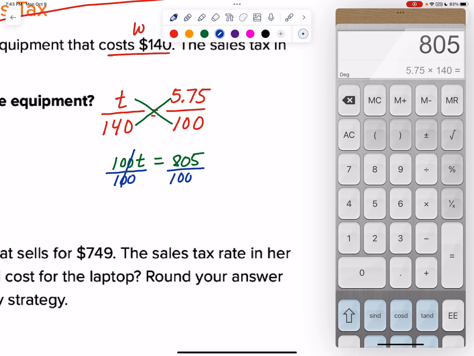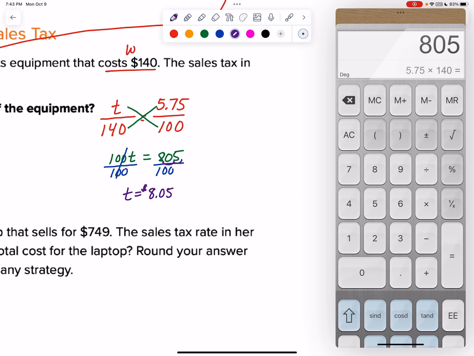That cancels out the 100 because we have one whole. Now we have t equals 805 divided by 100, which just moves the decimal point 2 spots to the left. So we have $8.05 as our tax. Notice I put a dollar symbol there. I'm going to move this variable over, and we'll call it tax equals 8.05.